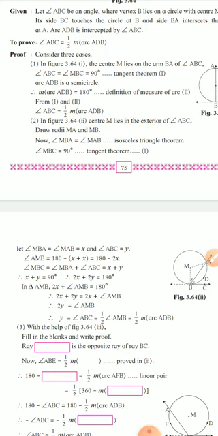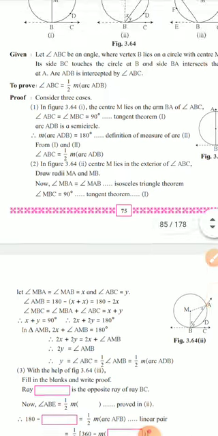Ray dash dash is the opposite of ray BC. In this diagram, ray BA is opposite to BC. So I can write BA in this box.